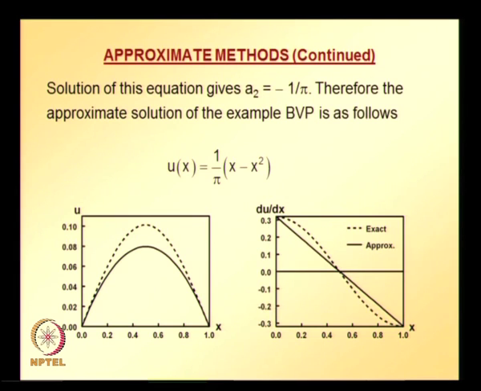Two equations in 2 unknowns can be solved to get the approximate solution. Similarly, if the starting polynomial is a 4th order polynomial, then 2 coefficients can be determined using the essential boundary conditions, and the rest of the 3 coefficients can be determined using minimization of the total residual with respect to the unknown coefficients. For a 4th order polynomial, we will have 5 coefficients.